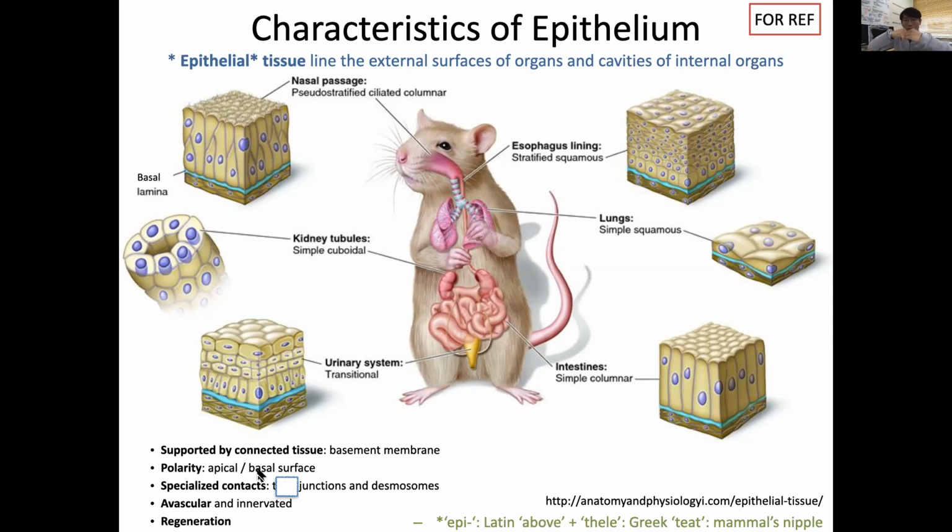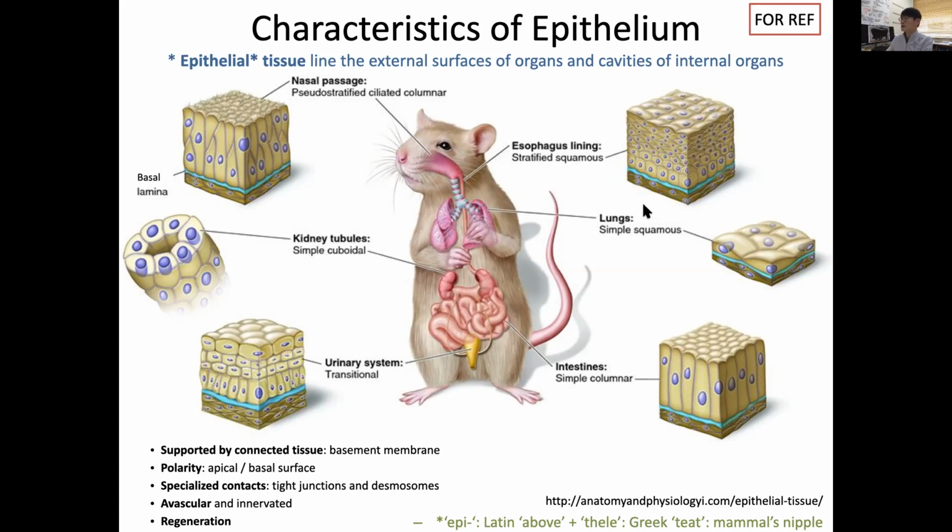The cells are connected to each other, and that specialized contact is composed of many things. An important one is that they have to be very tight, so it's called tight junctions. And the desmosome is a specialized molecule which connects the membranes of connected epithelial cells. And it's linked to the intermediate filament, which we will discuss next lecture.